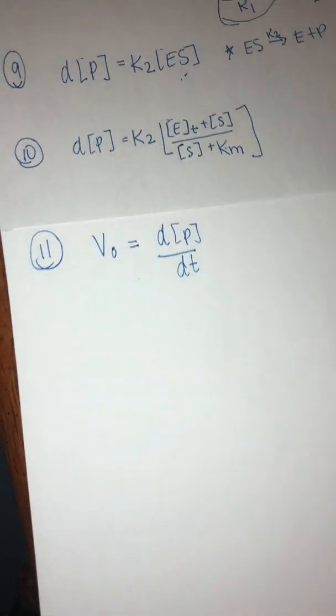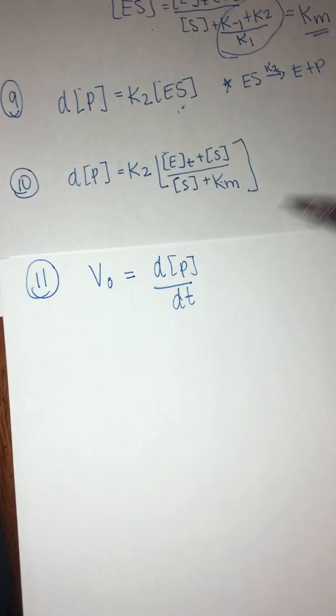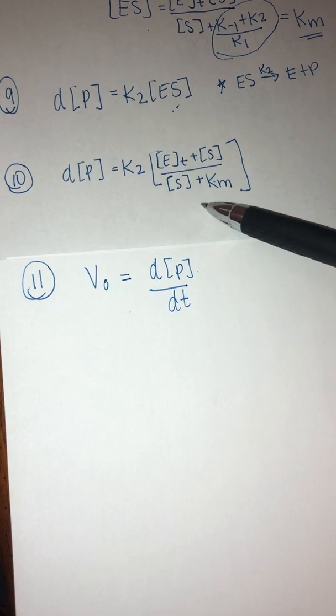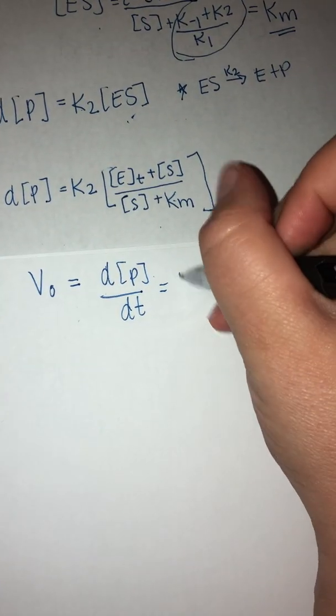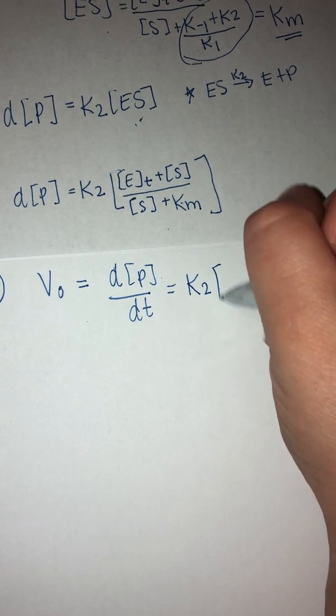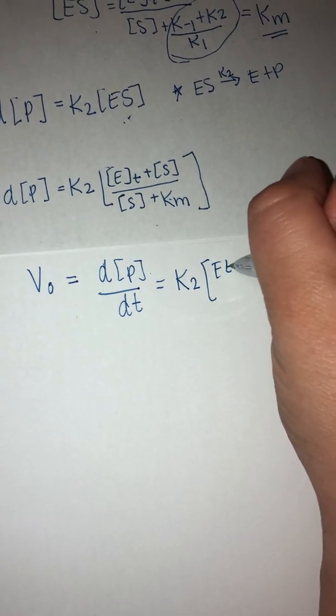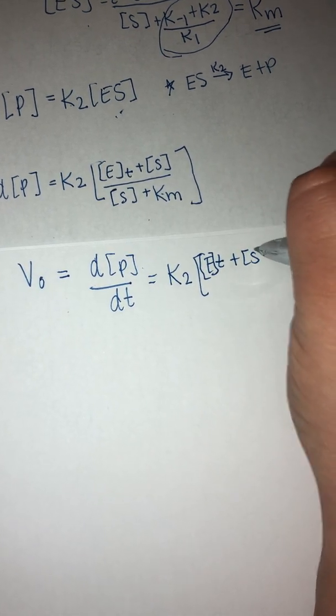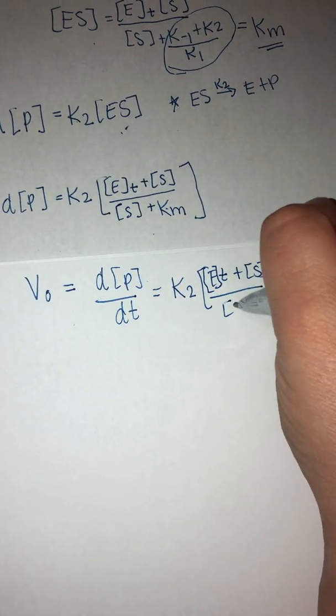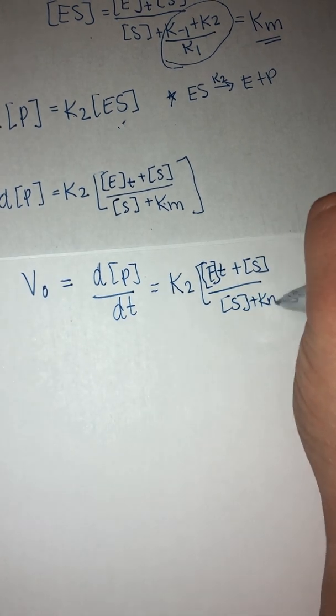All right, and as we remember up here, dP is equal to this equation here. So we're going to write this as K2 E sub T times S over S plus Km.